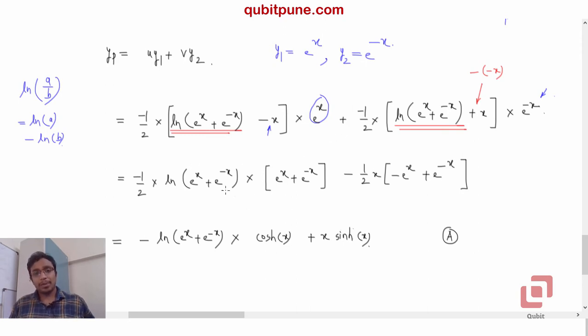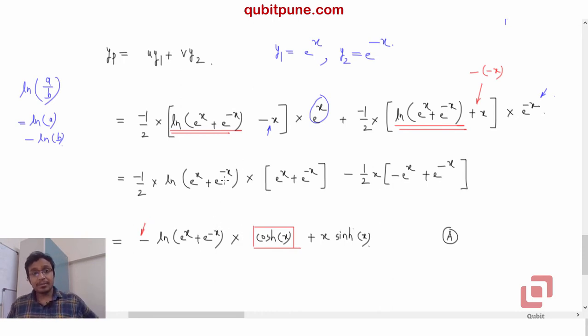So in the first term what we'll get is e to the power x, and from the second term we'll get e to the power minus x. So it is e to the power x plus e to the power minus x upon 2, which happens to be hyperbolic cos, which will of course be accompanied by negative of the log of e to the power x plus e to the power minus x.